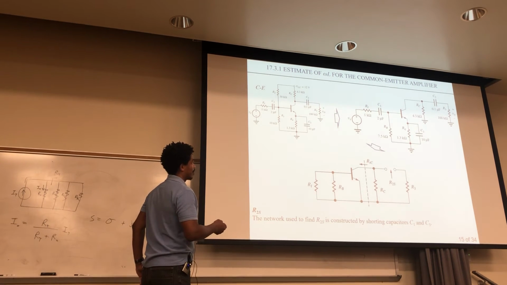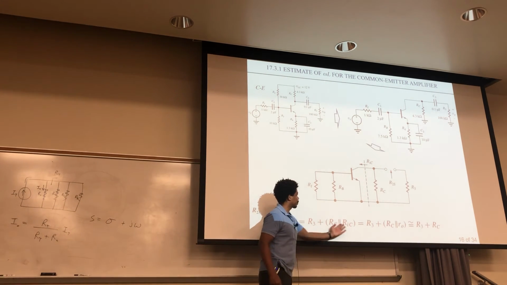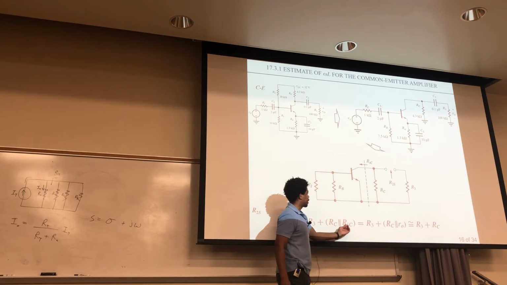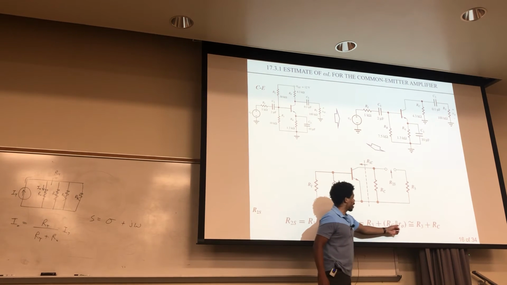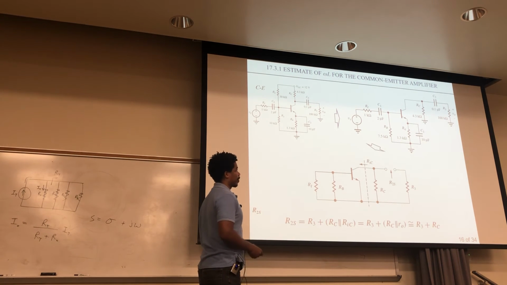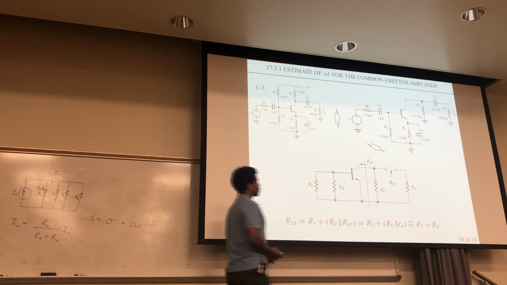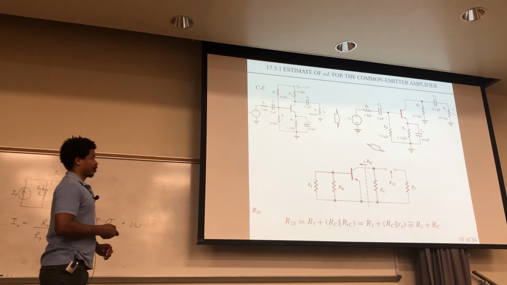You're going to have this R3 in series with RC and this R_iC in parallel, so you get this expression. And that R_iC you can approximate as r_o, the output of your small signal model. If your r_o is typically high, you could approximate this whole thing as just RC, if r_o is much higher than RC.